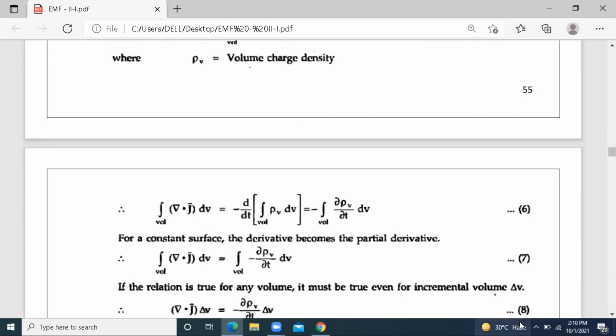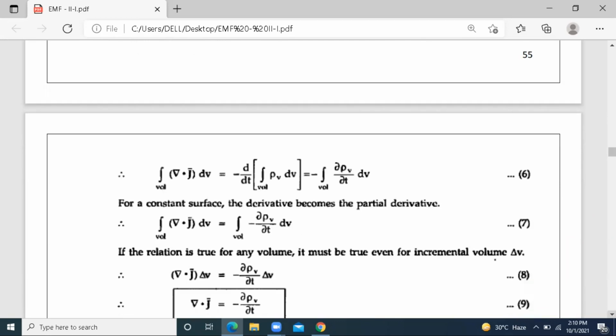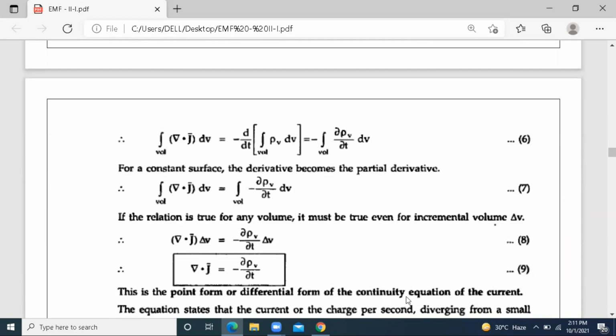So if we go through the math here, we get to this, which is the point form. All right, so go through this and tell me if you follow it.